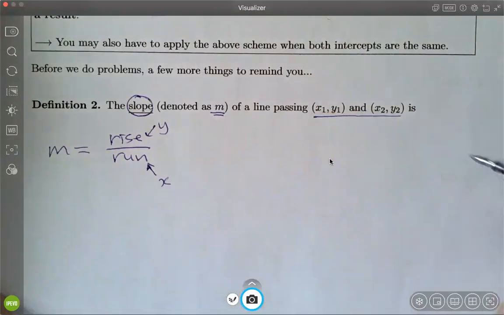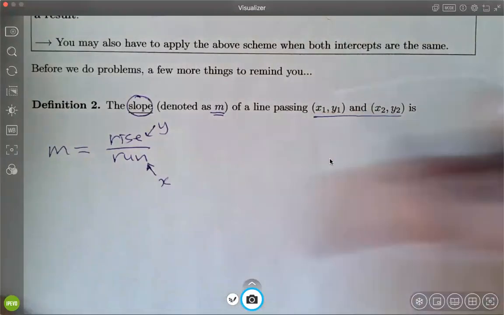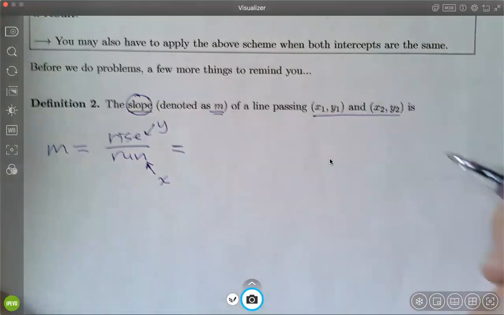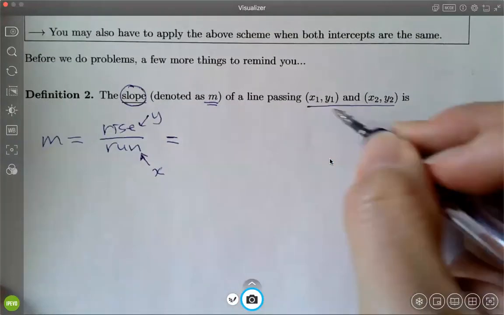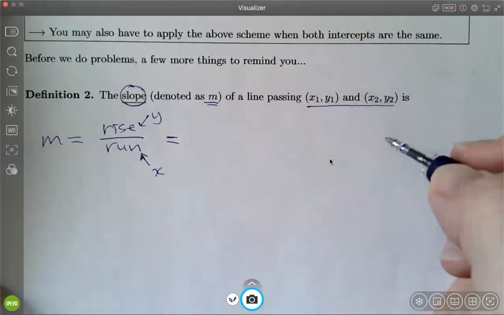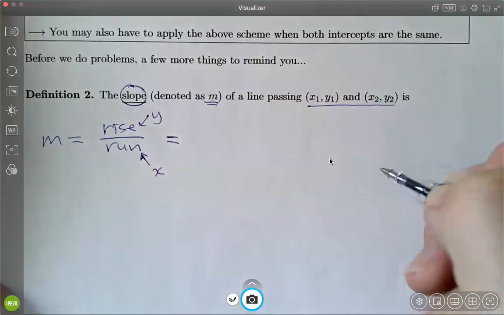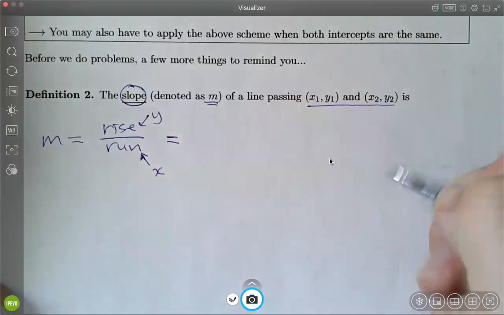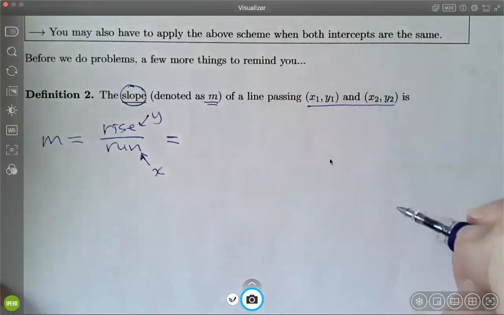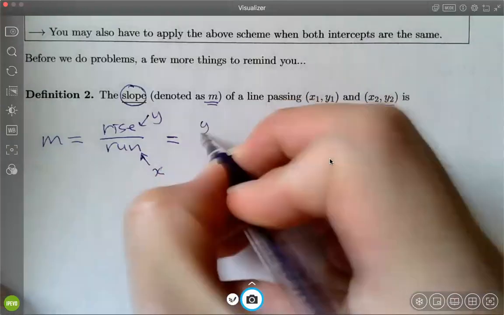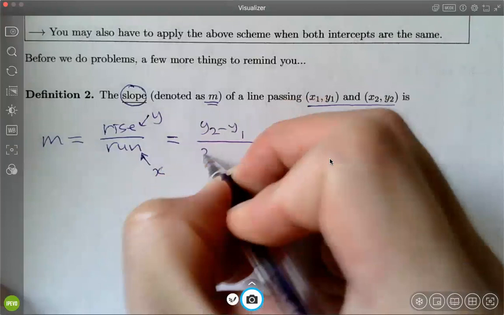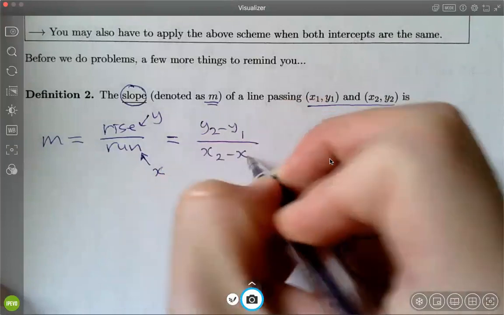Now, what does that mean in terms of these 2 points, x1, y1 and x2, y2? Do you remember the definition of the slope in terms of these 2 points? Is it y2 minus y1 over x2 minus x1? Yes.